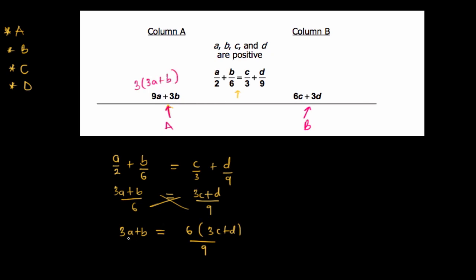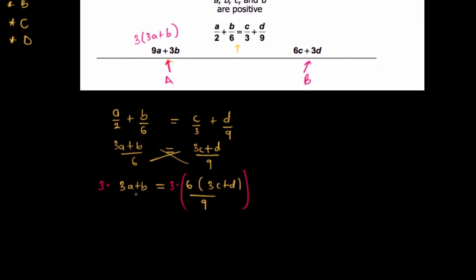To see what 9A plus 3B is, I could multiply both the left and the right hand side by 3. So you have 3 times this, and 3 times whatever you have here. What you obtain is 9A plus 3B equals, now this 3 goes in 9 giving 3, and 3 goes in 6 giving 2.